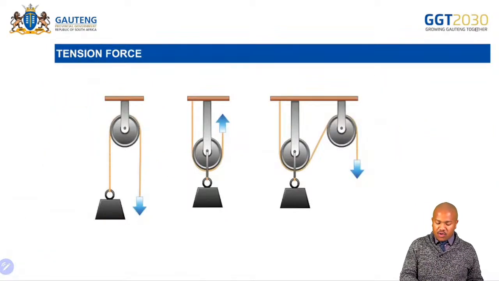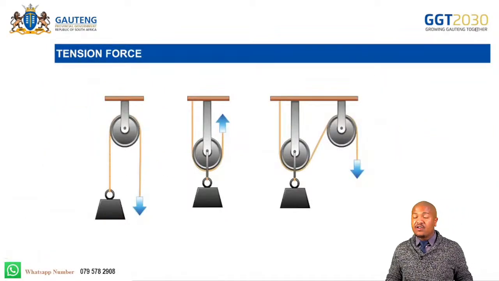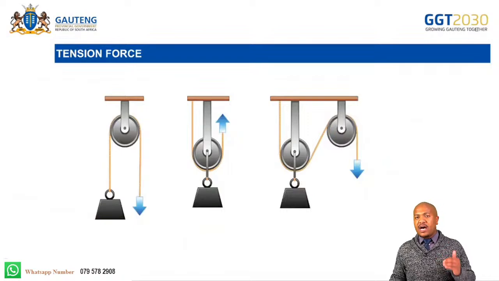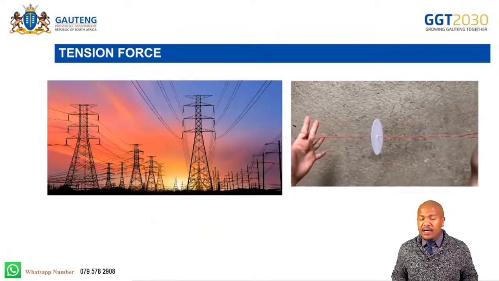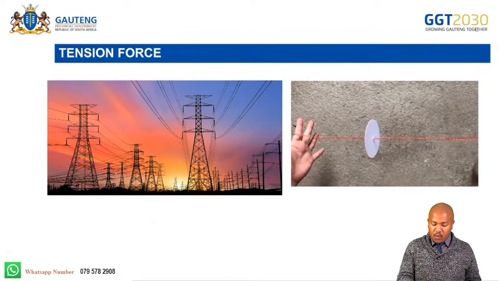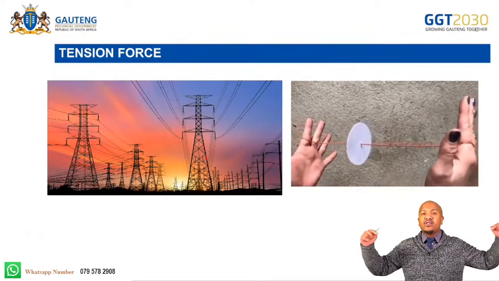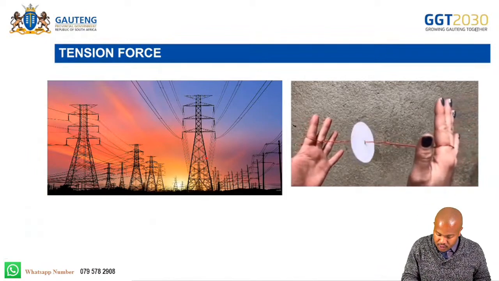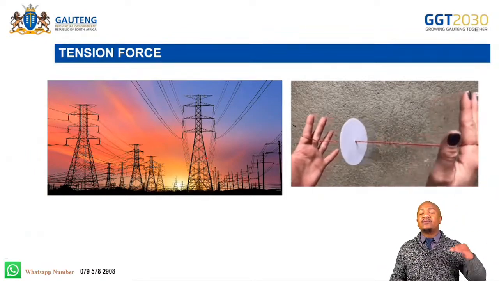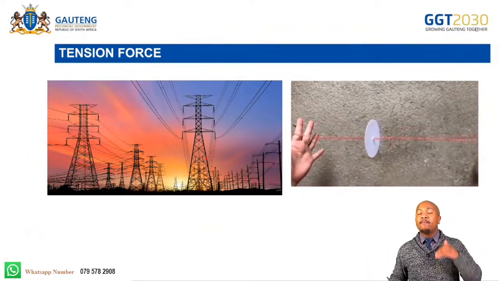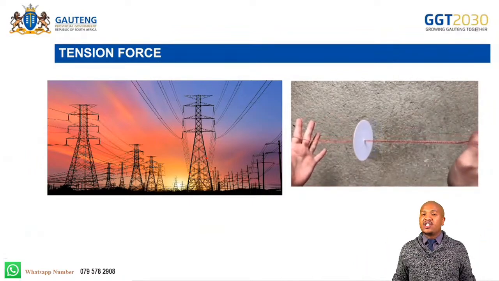Also here, this is an example of tension force where a rope is used to pull objects up and down, causing some tension. Also when we look at our national grid, we notice that those cables are connected to these pillars, and there's some tension between the pillars on the cables, where they are tightly pulled, creating what? Tension.